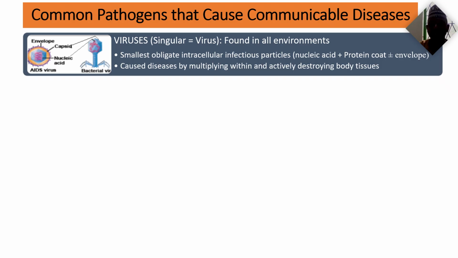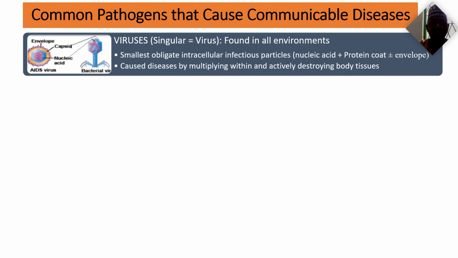So they have the smallest and simplest structure among all pathogens. They carry only one nucleic acid, either DNA or RNA, in contrast to bacteria, which carry both DNA and RNA.